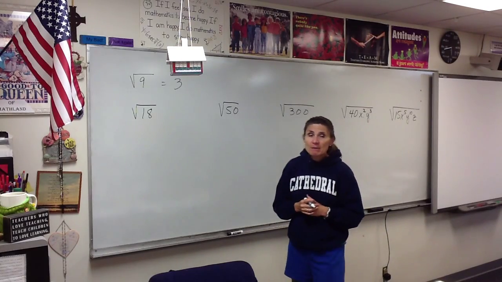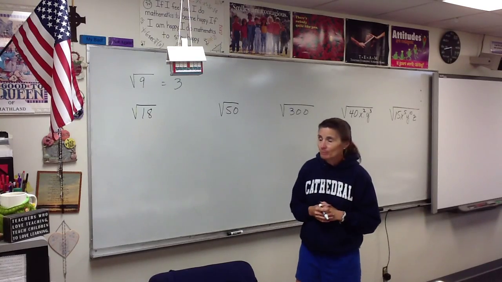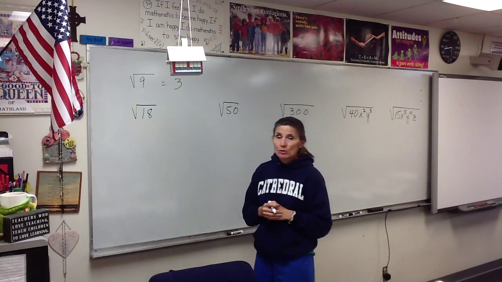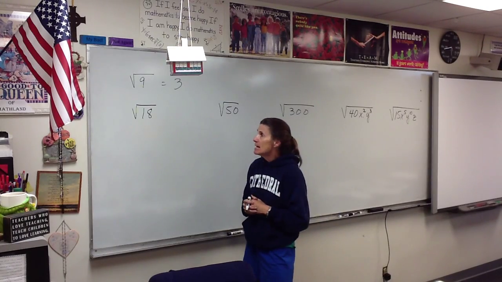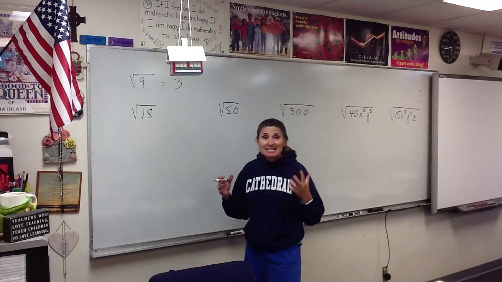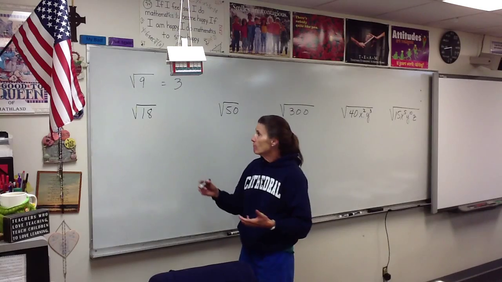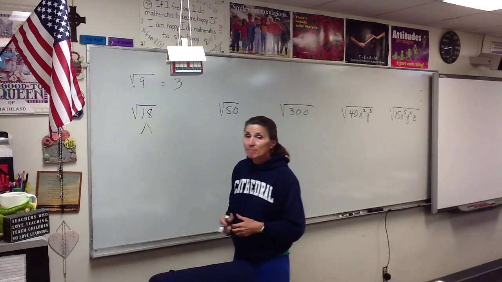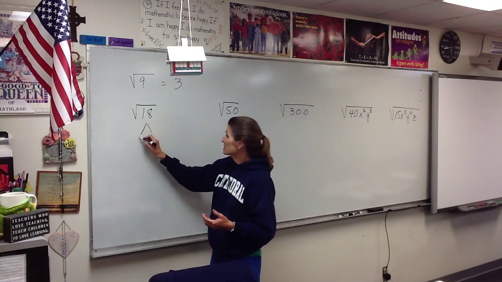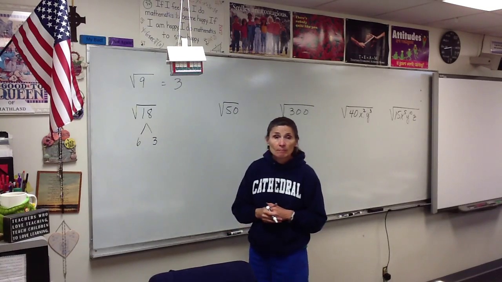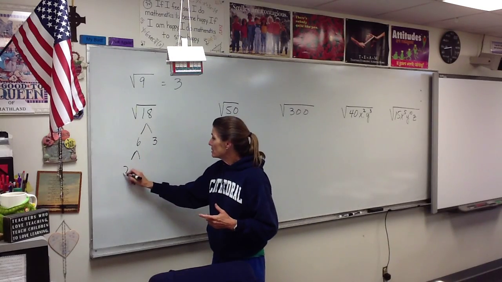Well, are there any perfect squares in 18? Can we break 18 down? There are a couple of different ways to do this. My preferred method, the method that works for most of my students, is to break 18 down into its prime factors. Now you've done this before. The number 18 breaks down into, let's say, 6 and 3. 6 further breaks down into 2 times 3.